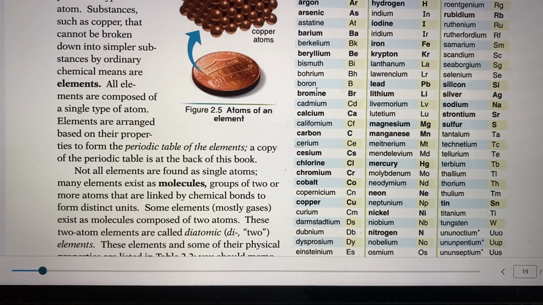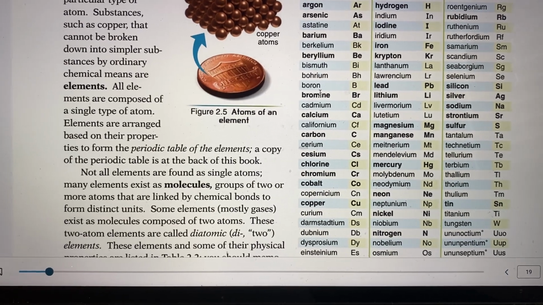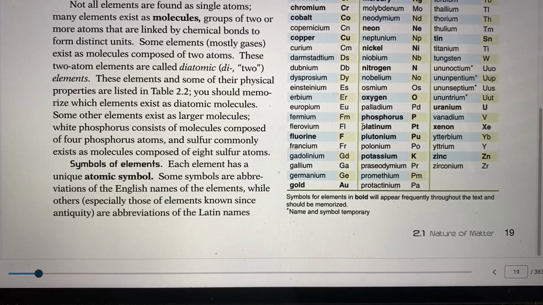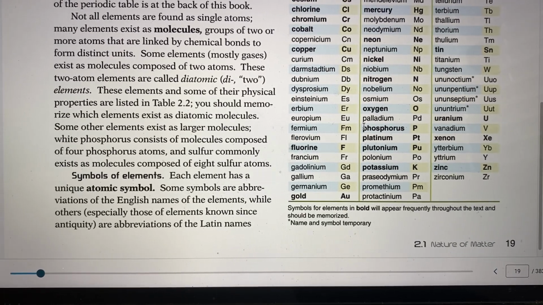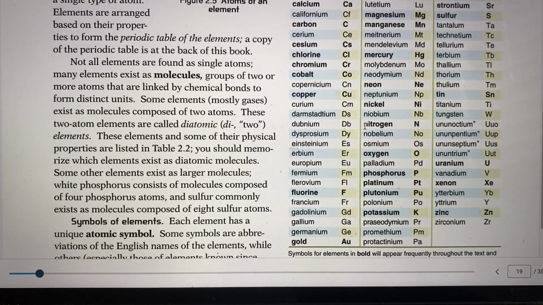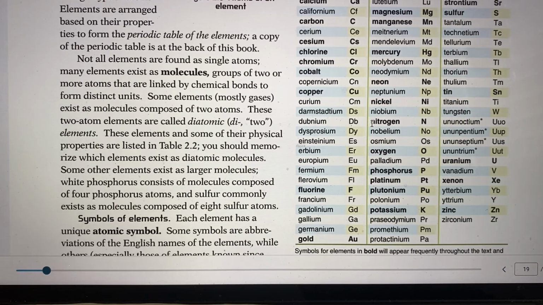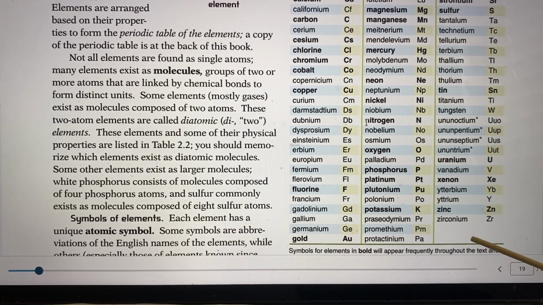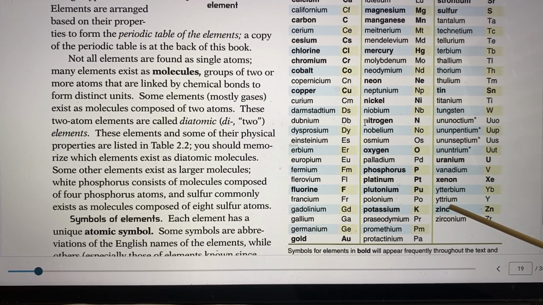We learned that last chapter. That's important for this lesson too, because we're going to have formulas and we're going to put these elements together, so we have to know what the element is that we're putting together. There are some rare ones like zirconium, but you basically know what zinc is.